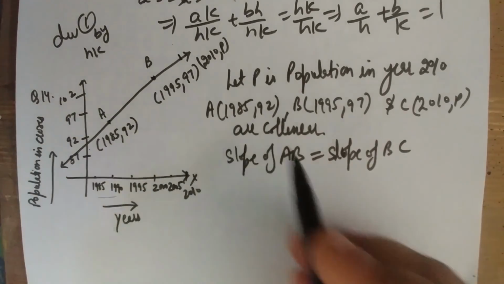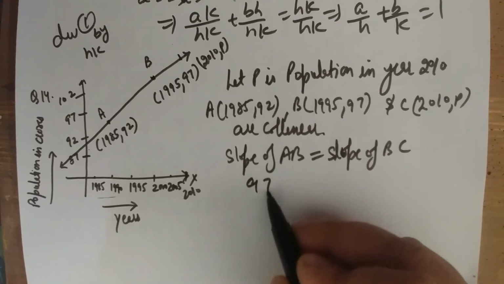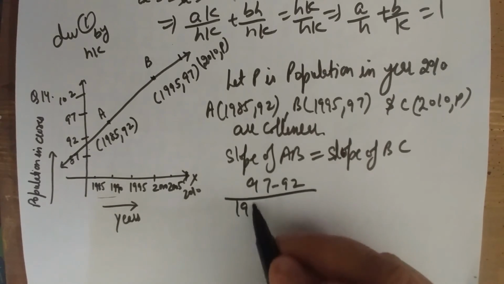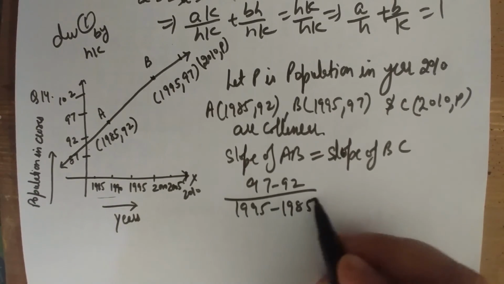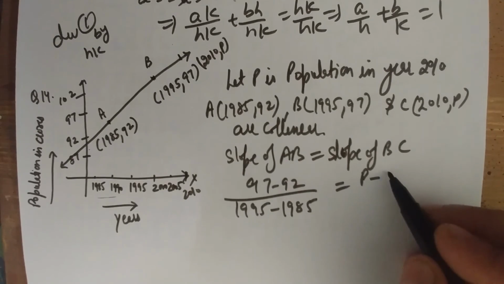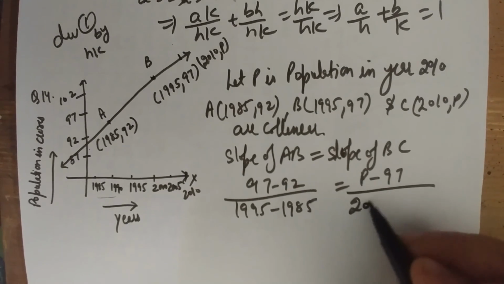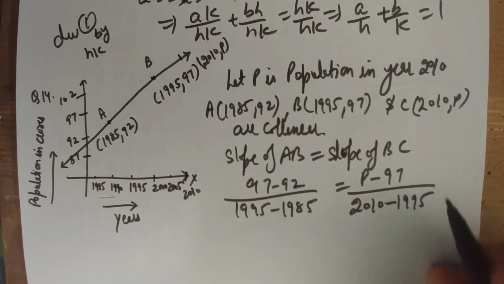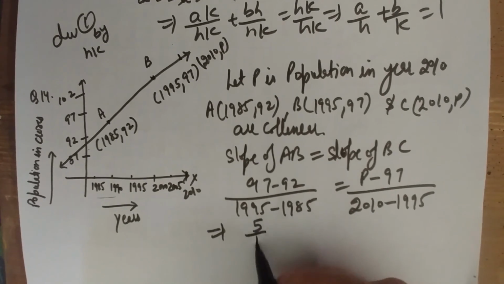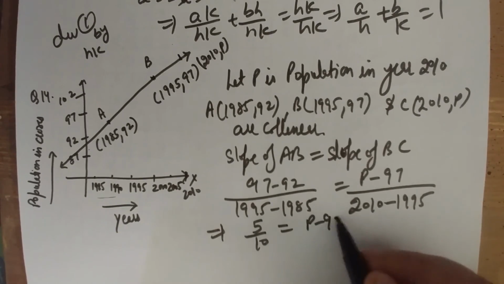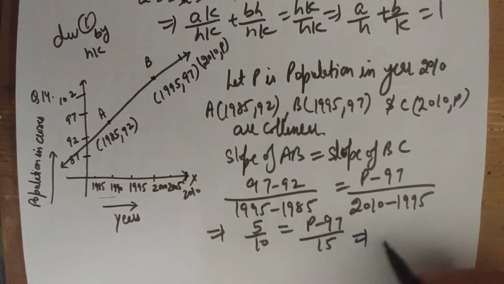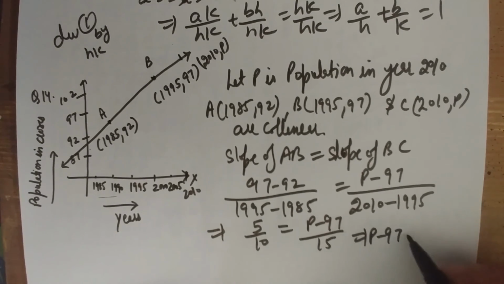Let us work out slope of AB. It is 97 minus 92 upon 1995 minus 1985. This is equal to P minus 97 divided by 2010 minus 1995. This implies 5 by 10 equals P minus 97 by 15, so P minus 97 is equal to 5 by 10 into 15.